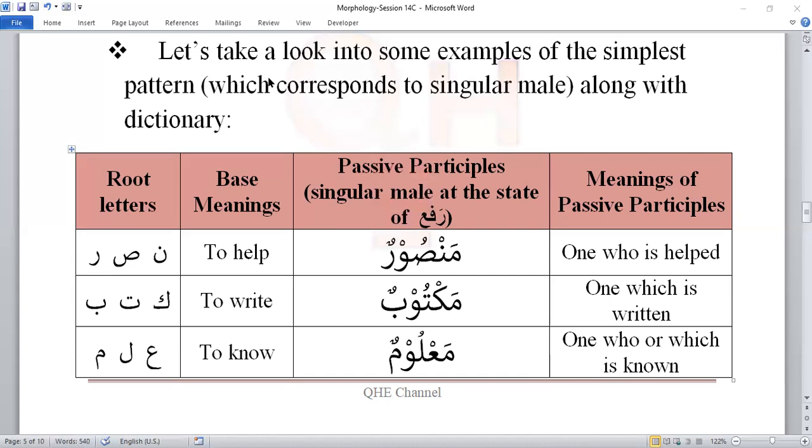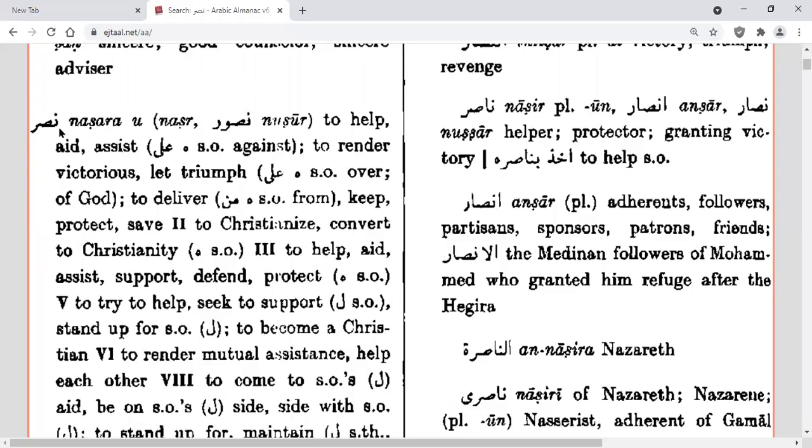Now let's go over and see if we can find the passive participle in the dictionary. So let's take a look into that. Let's go to the dictionary. Over here, I have already entered noon, sod, ra, which are the root letters. So for the basic type, what type is it?